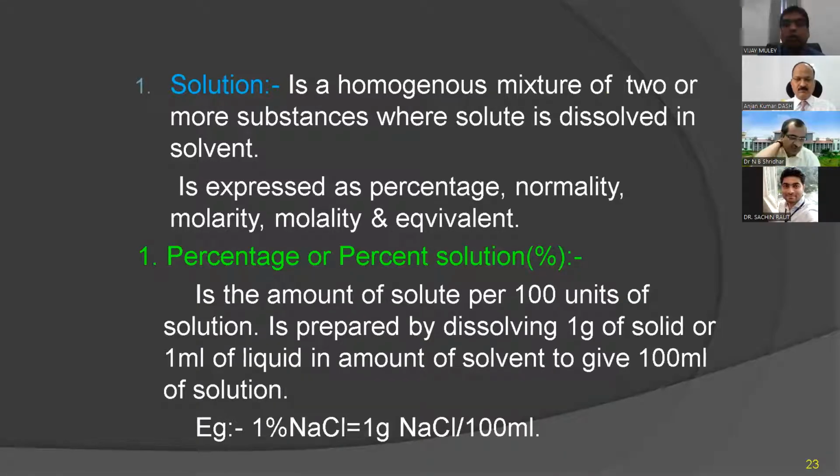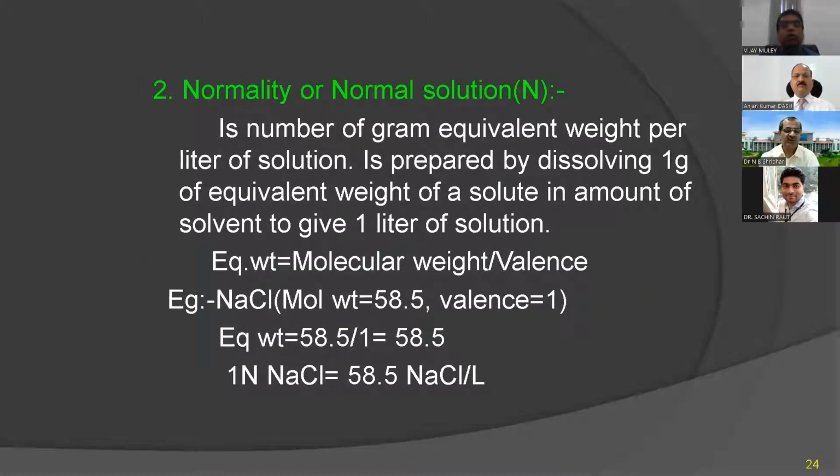And of course, if we want to get 1% sodium chloride, we need 1 gram of sodium chloride in 100 ml. Or if you want 0.9% sodium chloride, then 900 milligrams of sodium chloride need to be dissolved in 100 ml of water. Then normality, or normal solutions, means many times we say that it is equivalent to molecular weight per valence of a solution.